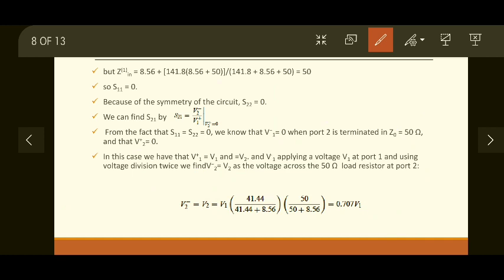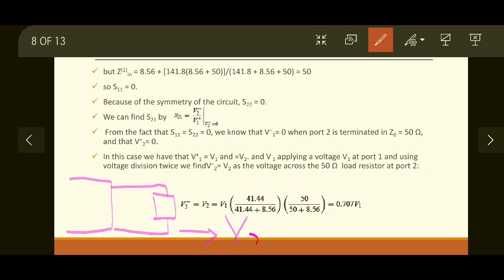So considering all these conditions, we can find V2 minus. Let's say this is the output side of a network. So our output voltage is nothing but V2 minus.